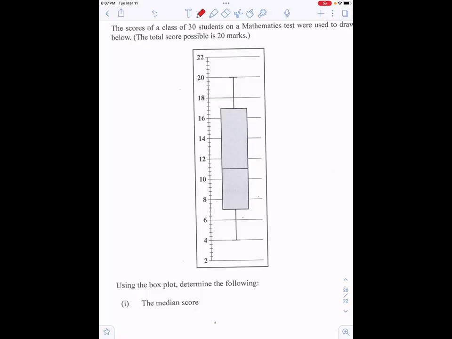So we could get some information from the box and whisker plot, right? So we could find the median. So go ahead and read off the median from the box and whisker, Shazan.